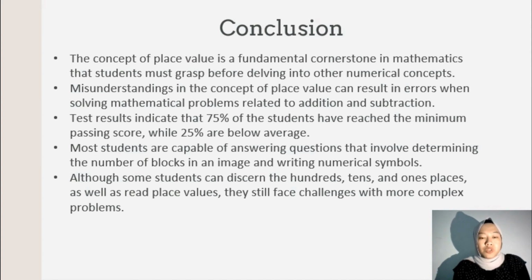Most students were capable of answering questions that involve determining the number of blocks in an image and writing number symbols, though some can discern the hundreds, tens, and ones places, as well as reading place value.